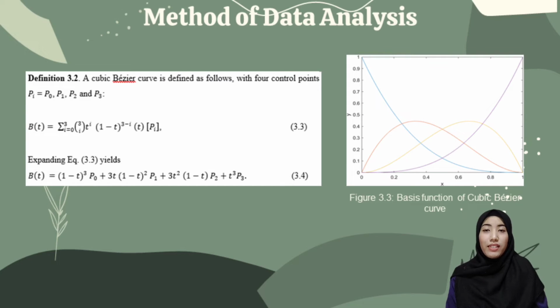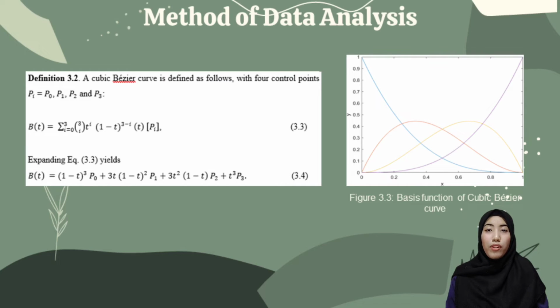While in Definition 3.2, a cubic Bezier curve is defined as follows with four control points: Pi equal to P0, P1, P2 and P3. B(t) equal to the summation from i equal to 0 to 3 of (3 choose i) times t power of i times (1 minus t) power of (3 minus i) times Pi.